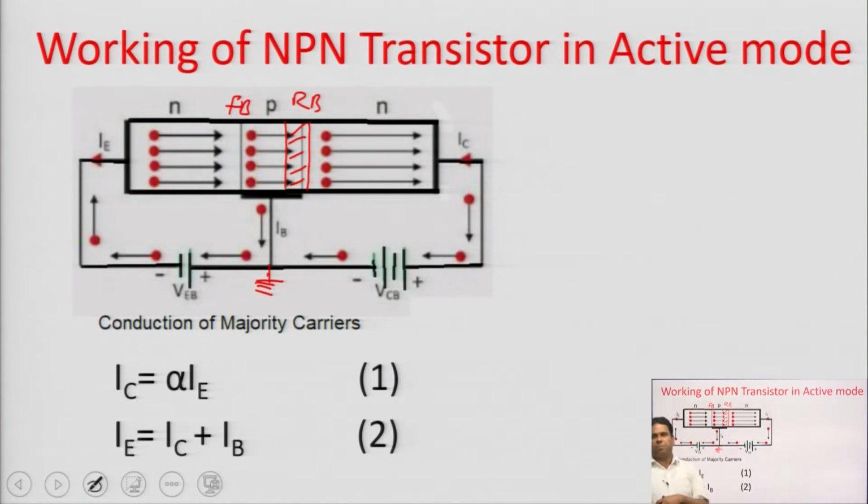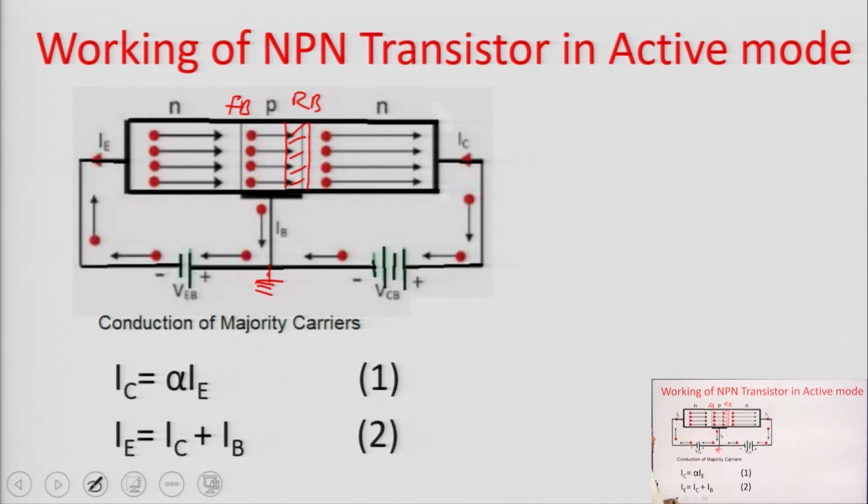Now, the working of the NPN transistor in the active region. In the active region the emitter-base junction must be forward biased, so we have connected the negative plate of the battery with the emitter terminal. Since the collector-base junction must be reverse biased, we have connected the collector terminal with the positive terminal of the battery as shown in the figure.